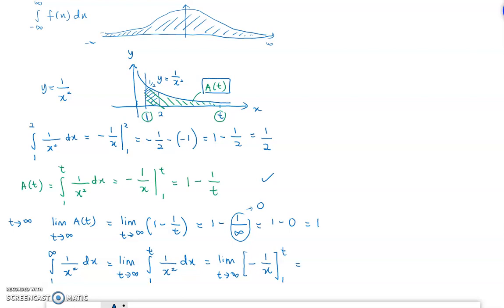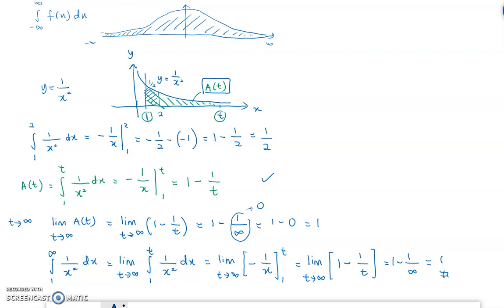Then we substitute the limit, which gives 1 over 1 minus 1 over t as t approaches infinity. So we have 1 minus 1 over infinity, and the final answer is equal to 1.